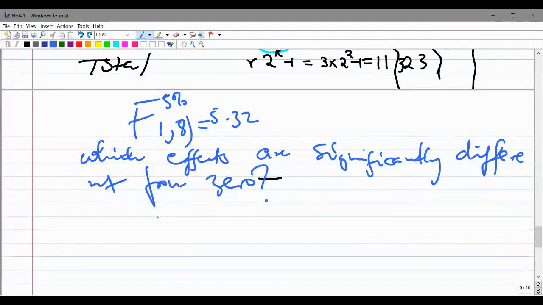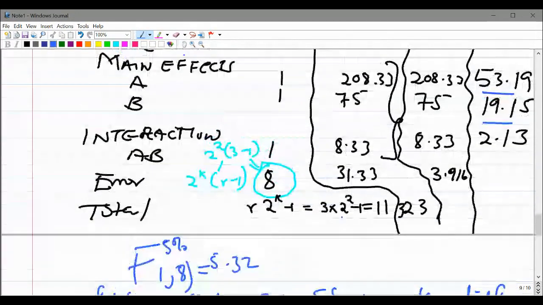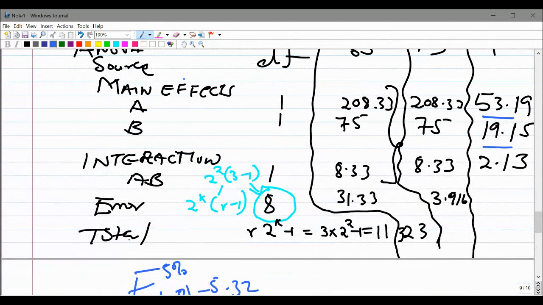Factor A and B are significantly different from 0. Isn't it, guys? It's the main effects. What do you mean by that? Only factor A and factor B are significantly different from 0. That's how we conclude, and that's all.